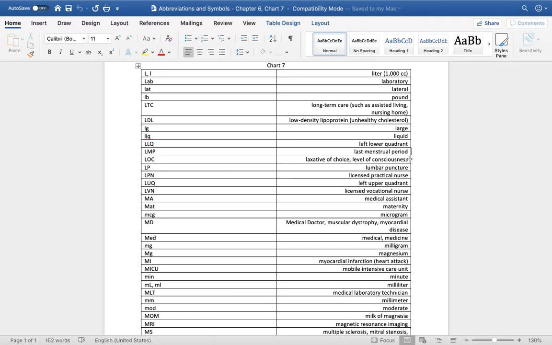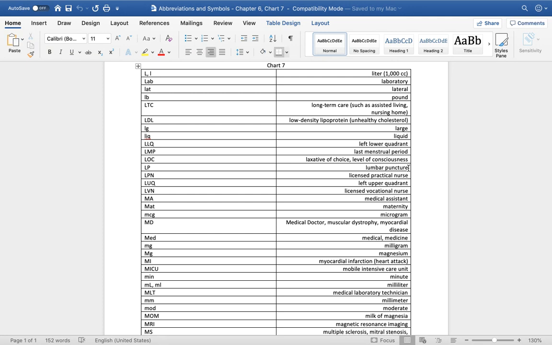If they are unable to answer questions related to any one of those, they are considered altered, which is where they're not in their right mind. That means something is definitely wrong. Laxative of choice. Okay, laxative is something that helps you to poop, helps move your bowels. Okay.